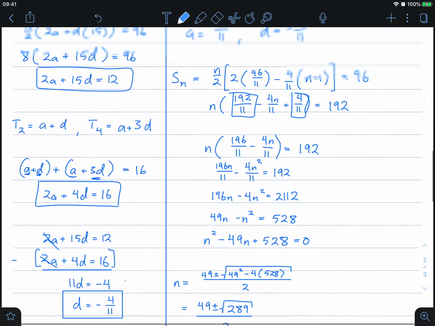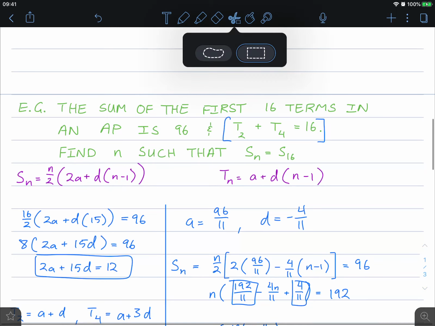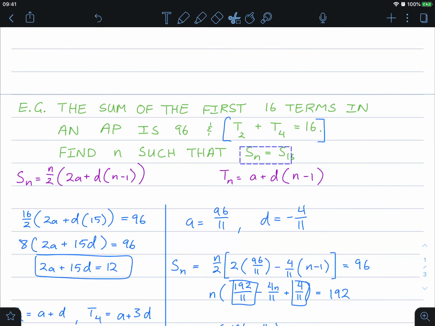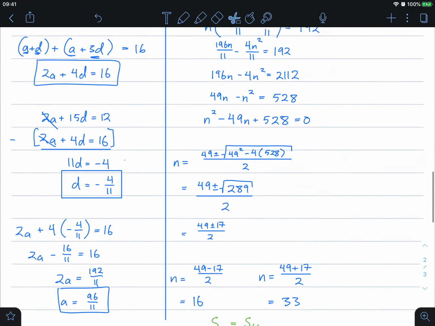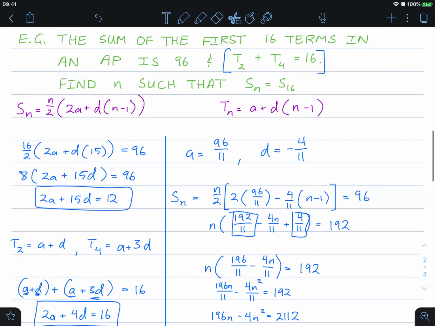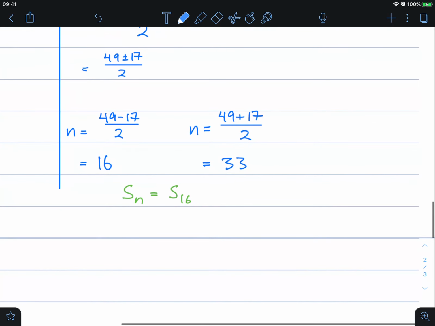So answering our question, find n such that s of n equals s of 16. Well, we already found that right from the beginning, we knew that the sum of the first 16 terms was 96, but it seems that the sum of the first 33 terms is also equal to 96.